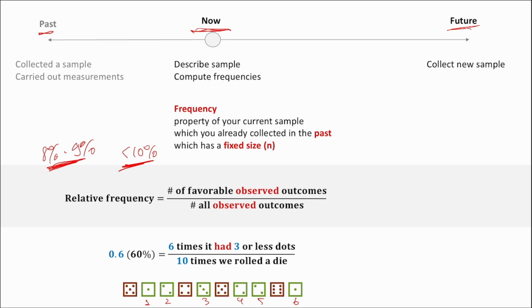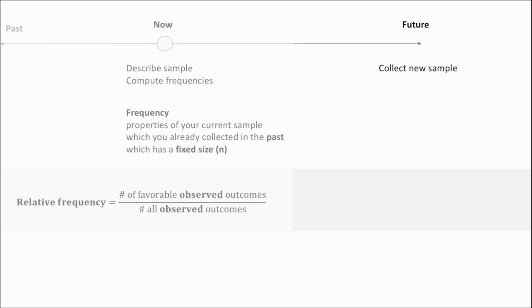And then the total number of outcomes, if you count all these outcomes, you can see 10. So it means that we rolled a die 10 times. And in 6 out of these 10 outcomes, we got 3 or less dots. So we can compute a relative frequency for this particular event, having 3 or less dots, and that relative frequency will be 60%.